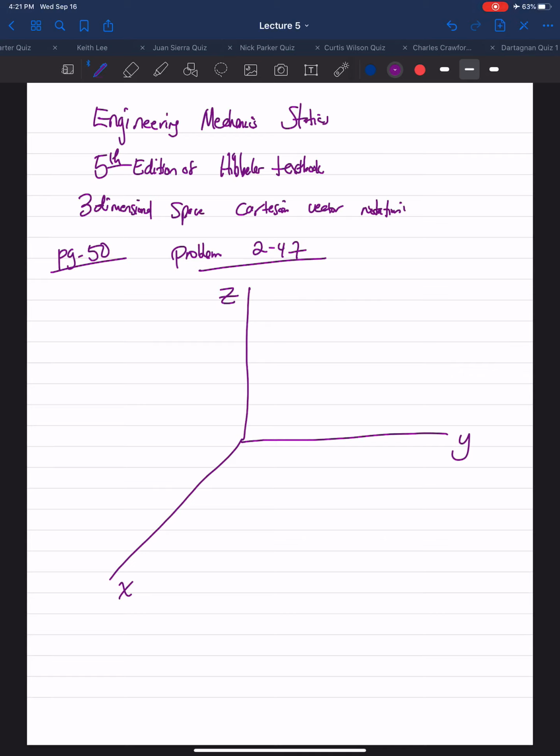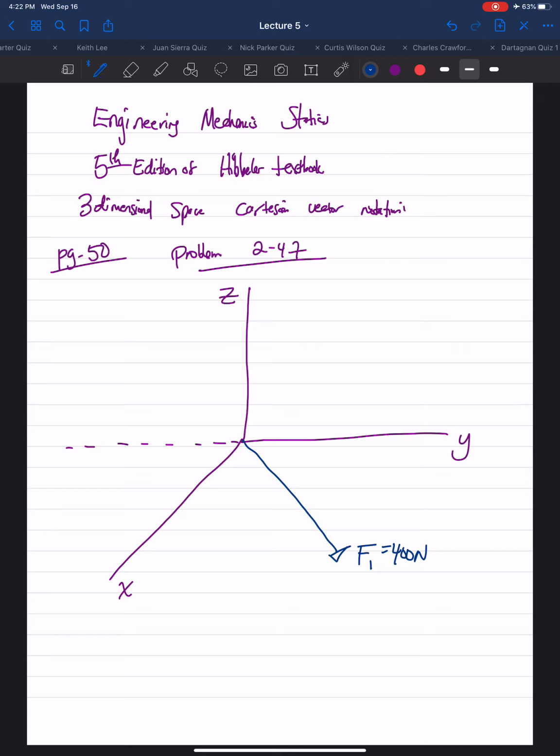We have a force F1, 400 newtons. We have a force on the negative y-axis.